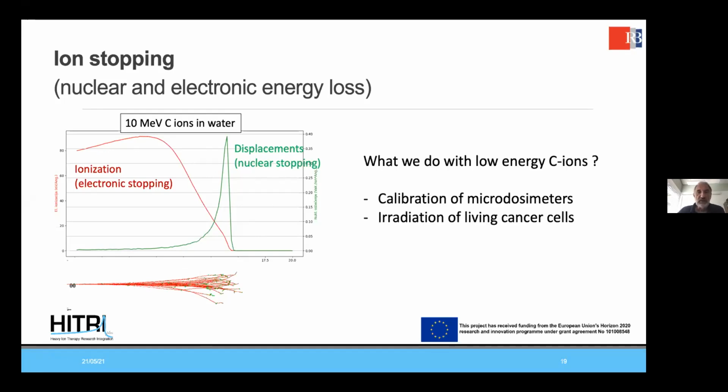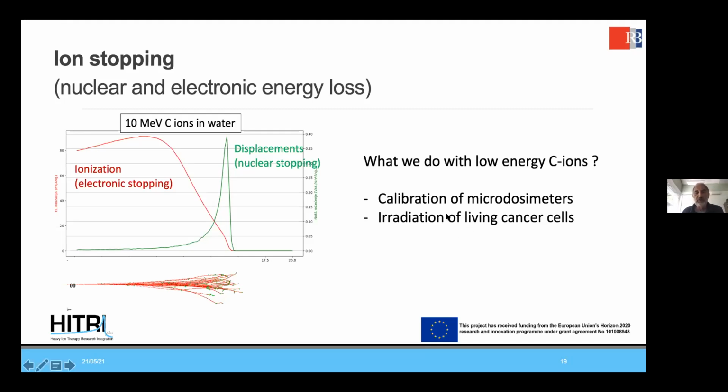So what we do with these low energy ions, we have two projects. One is to calibrate and to study the microdosimeters, which is a very important tool for hadron therapy, but also for other applications.